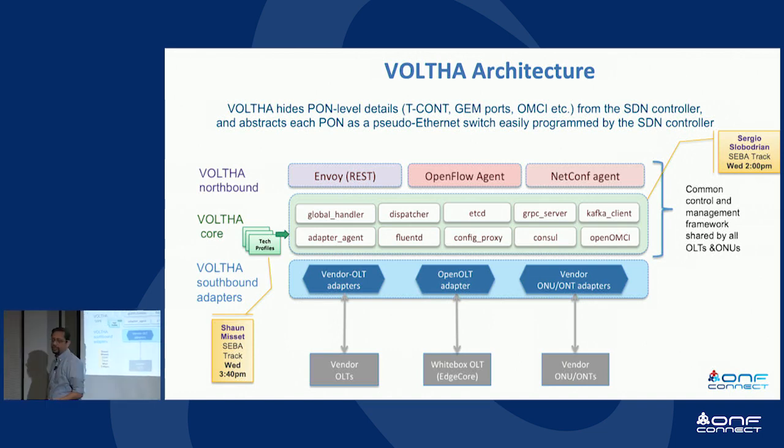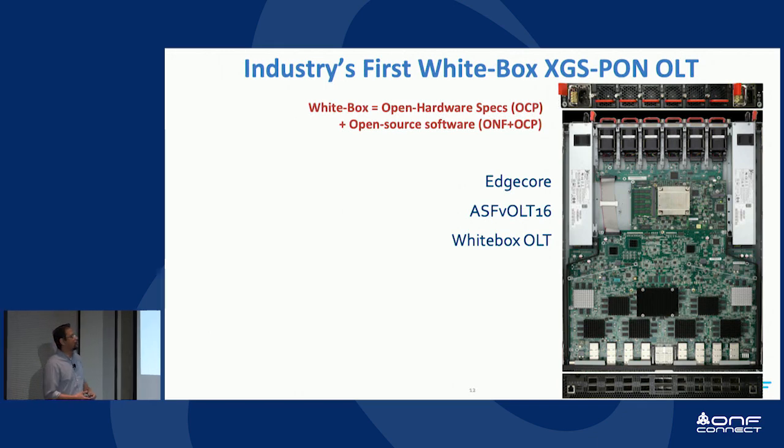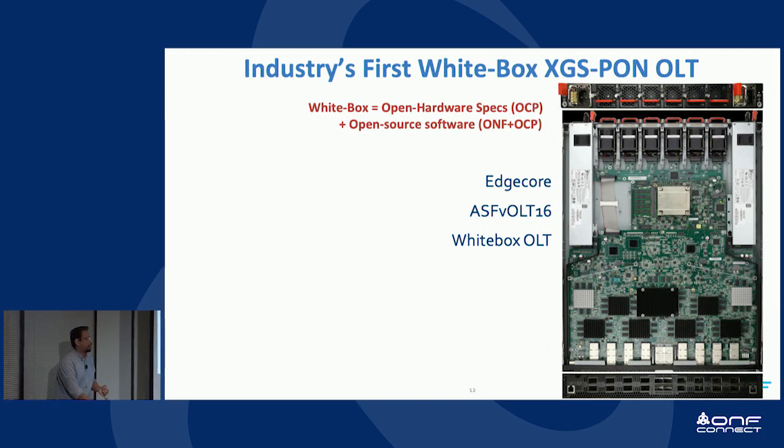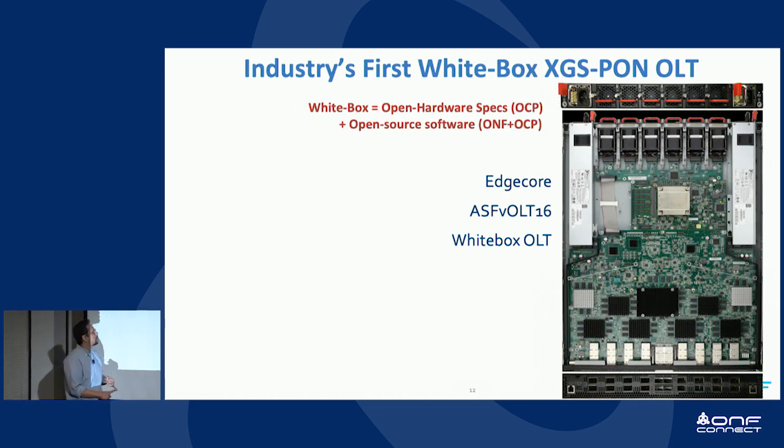Okay, so now I'm going to talk a little bit about this particular southbound adapter and the use of white box OLTs. Why do I talk about white box? To me, white box is a combination of two things. First, open hardware specs, for example, that you will get from the Open Compute Project. The box that you see over here is the industry's first XGS-PON white box OLT. These are open hardware specs that were submitted by AT&T to the Open Compute Project.